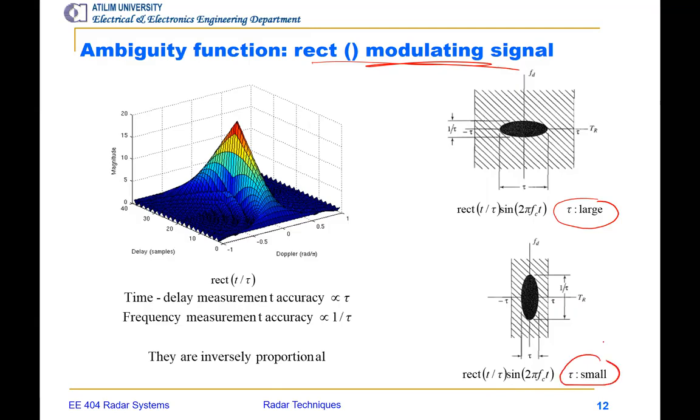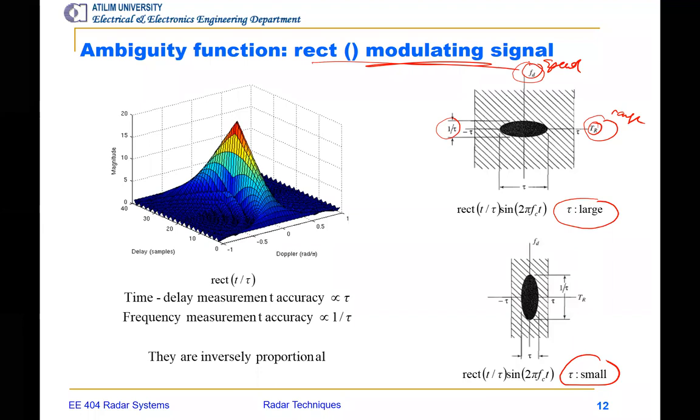As we have shown in previous slide, the width of the ambiguity function is proportional to the pulse width over the range, and the inverse of the pulse width over the speed. Okay, again, this is speed and this is range axis, so time and frequency Doppler shift.